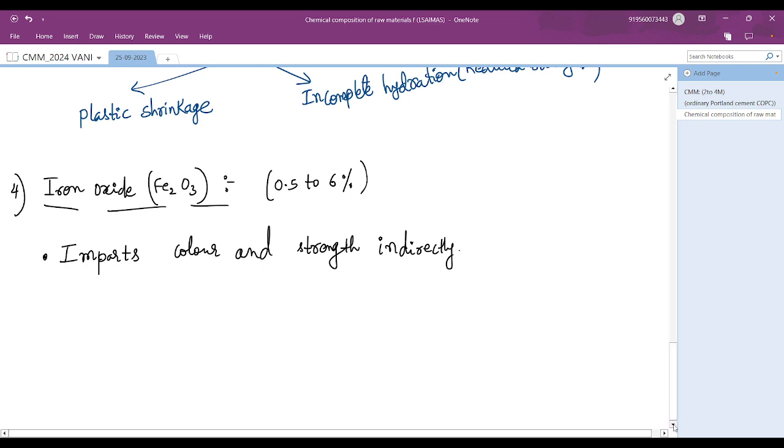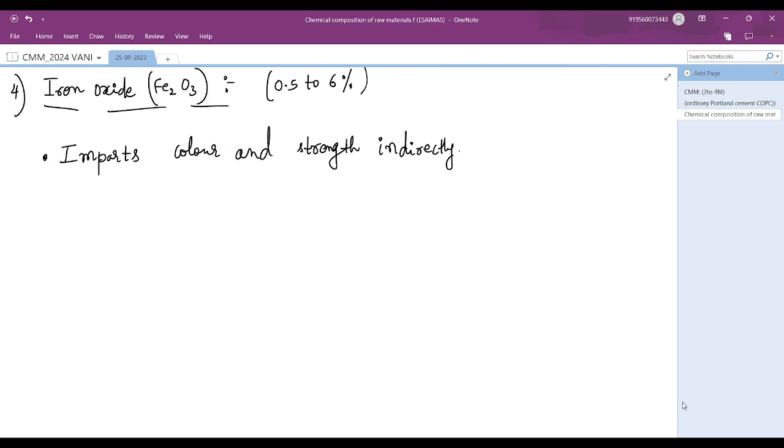So see, generally iron oxide is reddish in color, right? So color of iron oxide is reddish, which is present in a percentage of 0.5 to 6%. Whereas in the very same cement, lime is present in 70%.